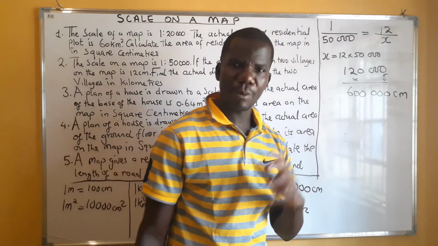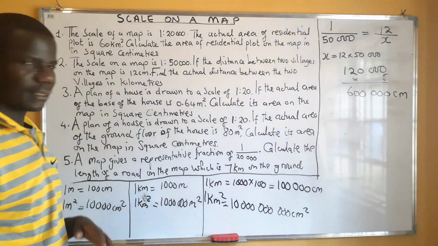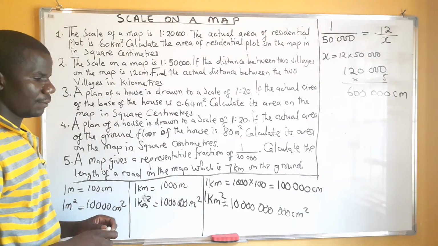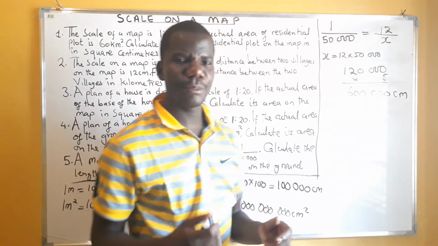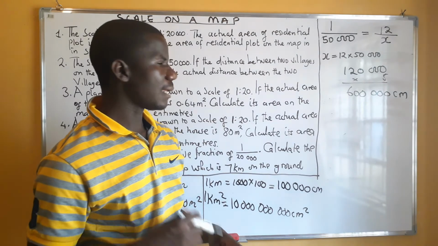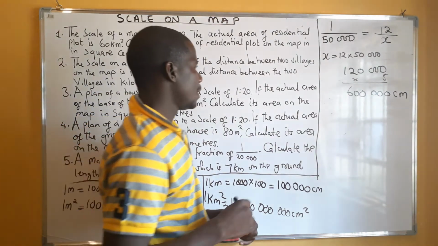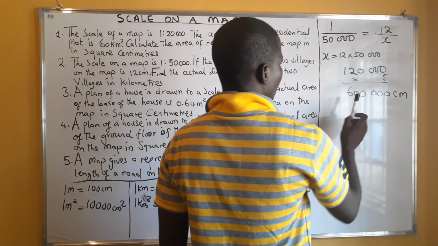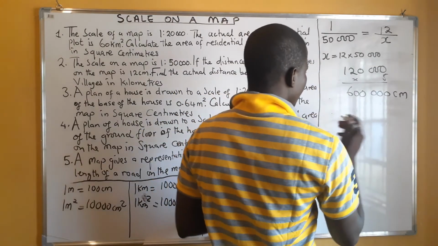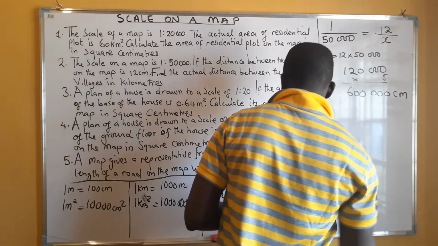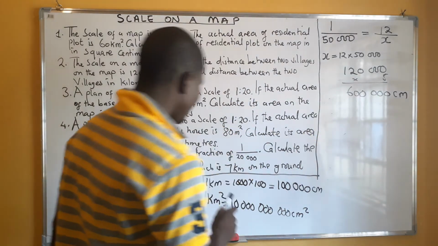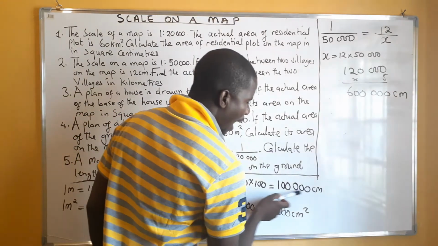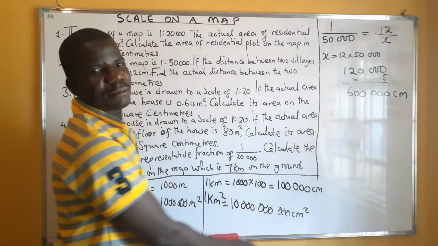But the question goes further to instruct us that our answer should be in kilometers. So what we are supposed to do now is to look at how many centimeters there are in 1 kilometer. 1 kilometer is equal to 100,000 centimeters.